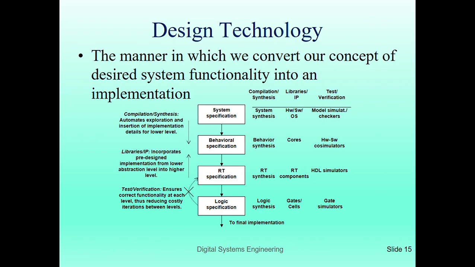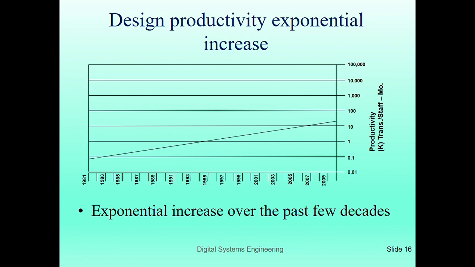In the RT specifications and logic specifications, there is the test verification process, which basically ensures correct functionality at each level. Here you can see the compilation, synthesis, the libraries and test verifications. This is the possible block level diagram of design technology, which is extensively used in our embedded systems.